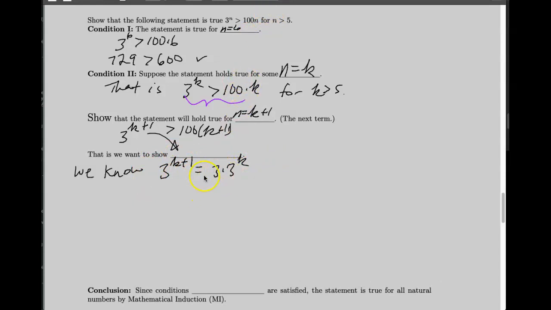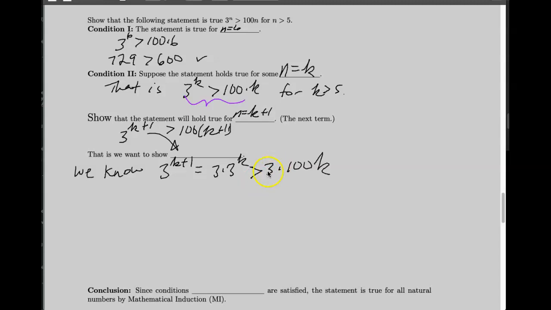Now I can say that 3 to the k plus 1 is equal to 3 times 3 to the k, which is then going to be greater than 3 times 100k, because we know 3 to the k is greater than 100k.